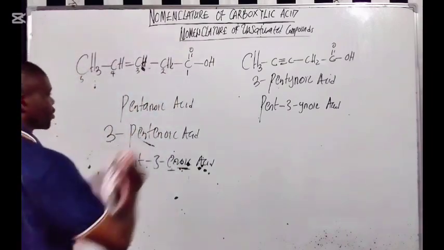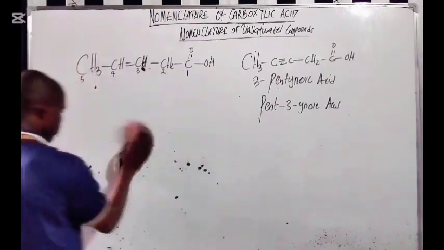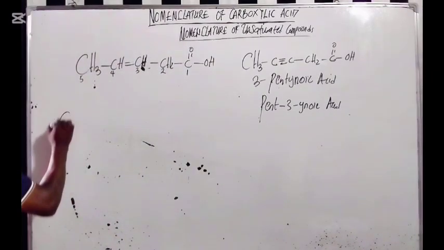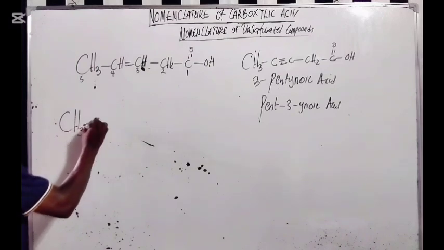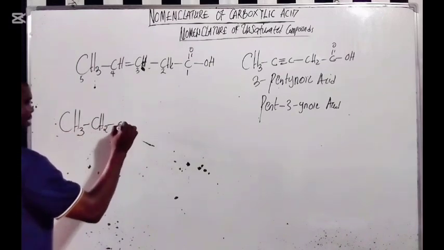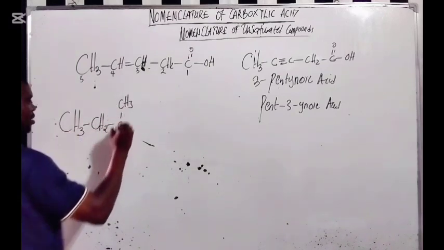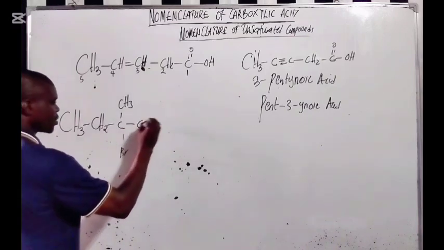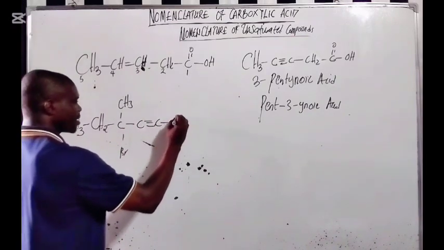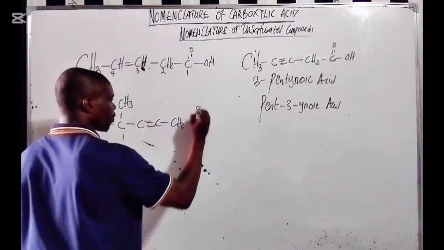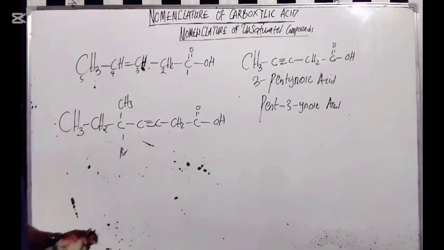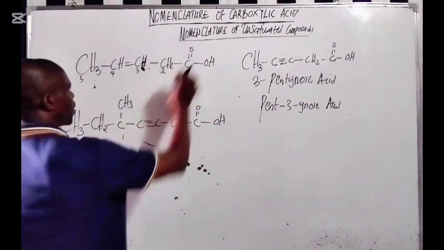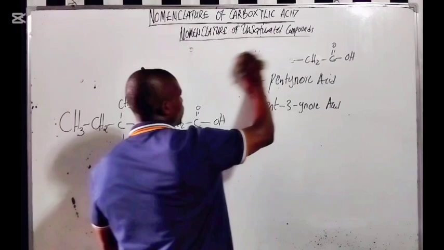So now let's look at another example. If for example you have CH3, CH2, C, CH3, Br, C triple bond C, CH2, C, let's name this compound.